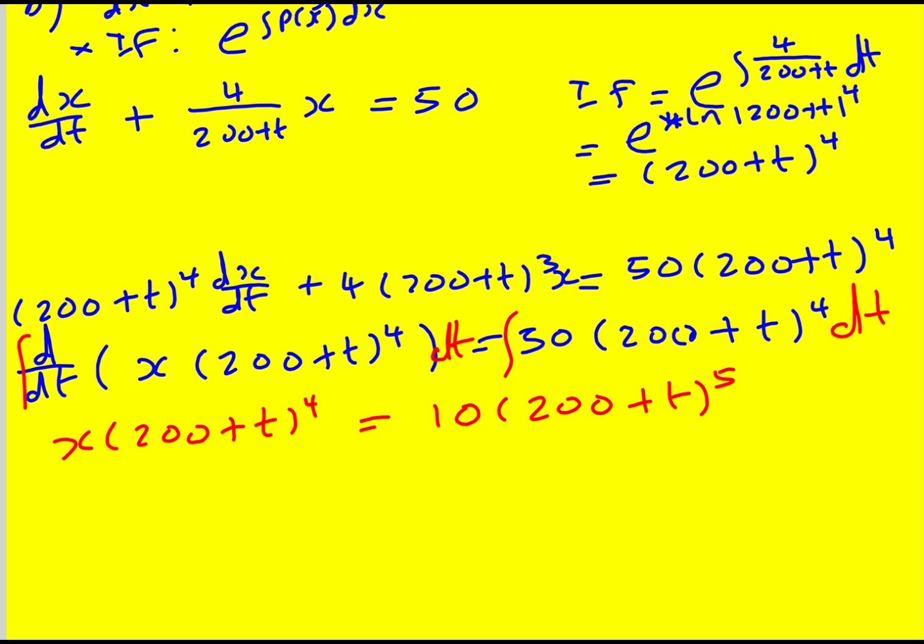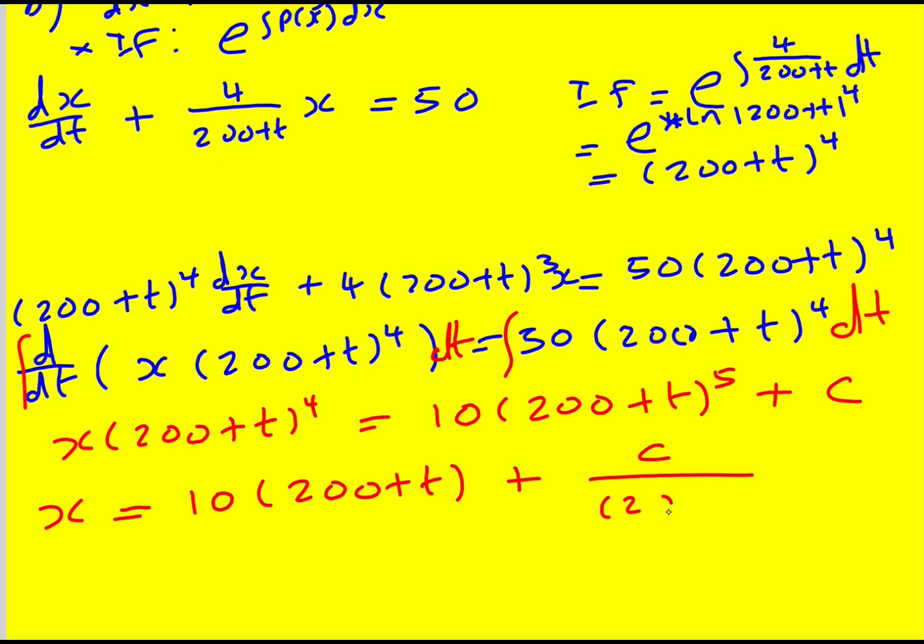If you differentiate that back, we'll get back to what we had here. But don't forget your plus c, absolutely essential, because x is then going to equal 10 times just 200 plus t to the power of 1, but plus c over 200 plus t to the 4.